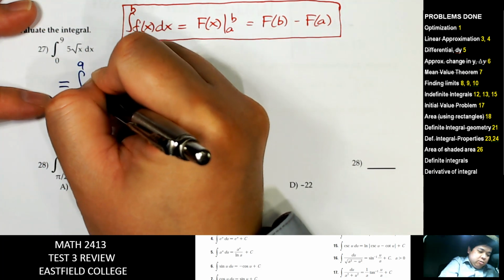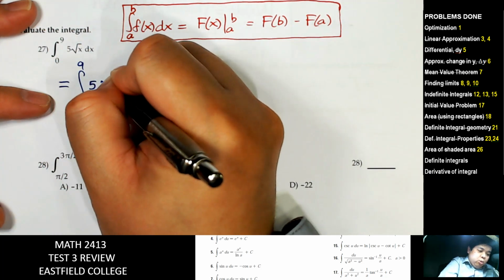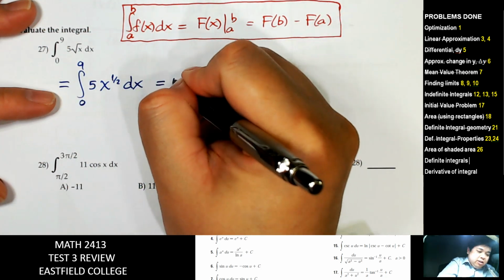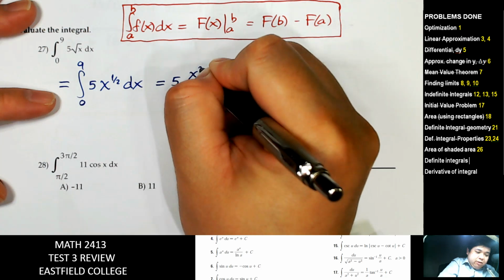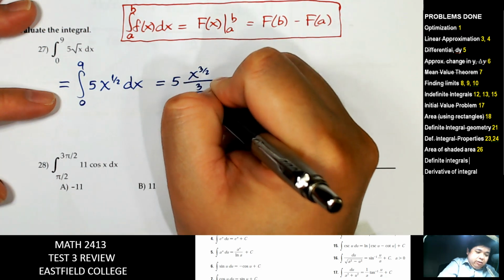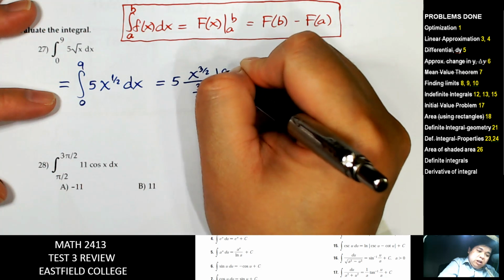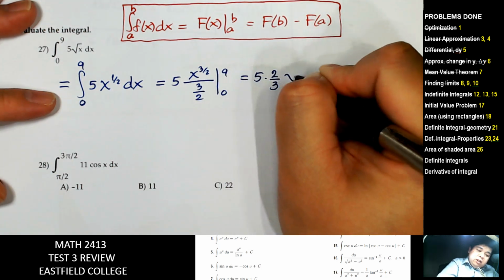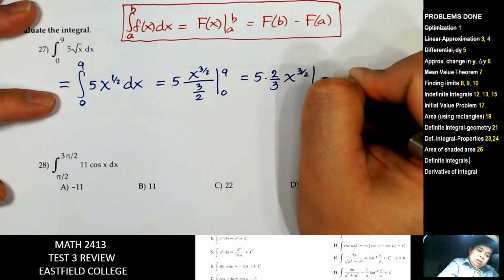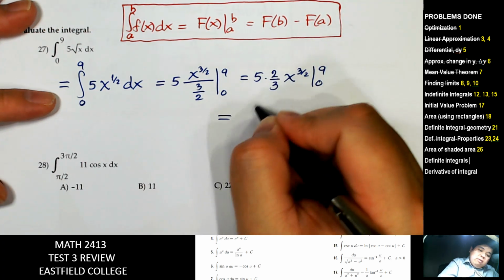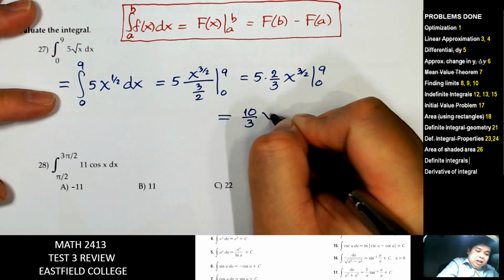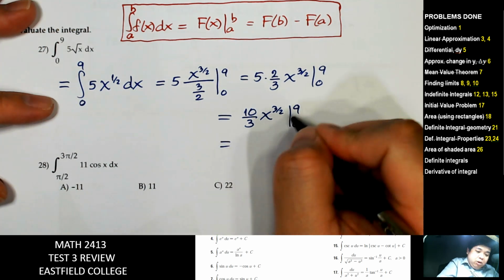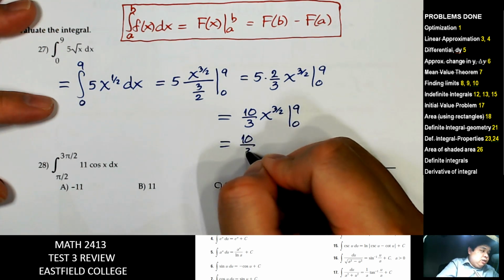We write this as 12x is x to the 1/2, and then we integrate, give us x to the 3/2 over 3/2, and that goes from 0 to 9. Multiply reciprocal 2/3. So we have 10/3, x to the 3/2, x goes from 0 to 9, and pretty much we just put 9 in for x.